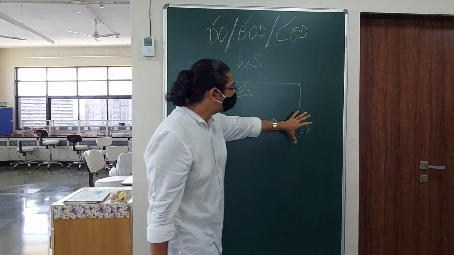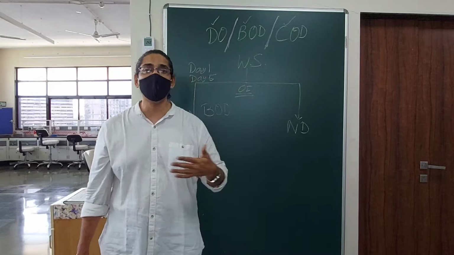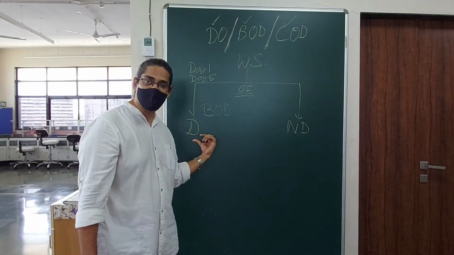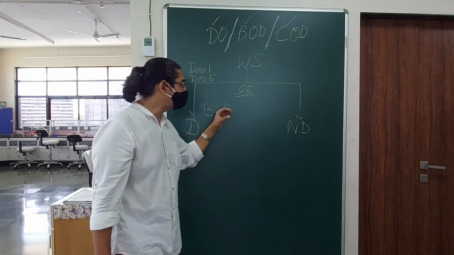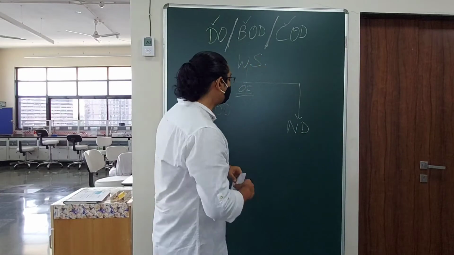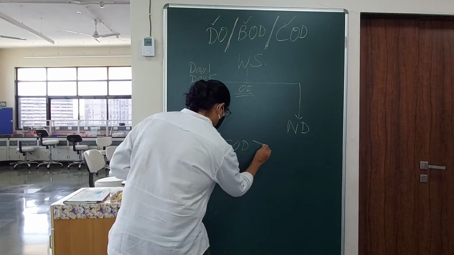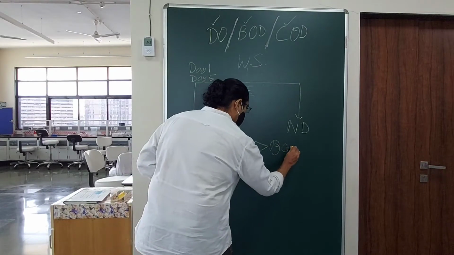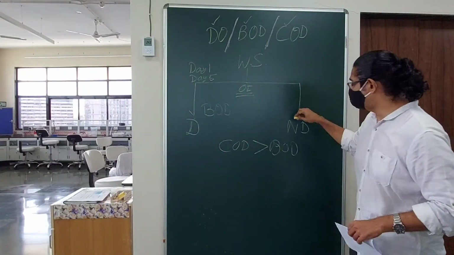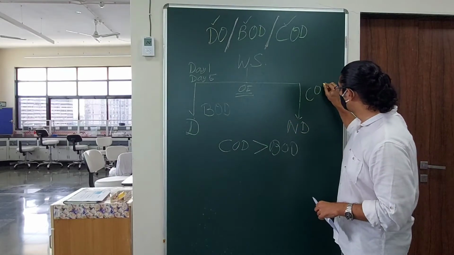Okay, now what is COD? You are chemically oxidizing whatever organic impurities are there. Of course, that would include the degradable organic impurities as well as non-degradable. So a logical thing would be COD is always going to be higher than BOD. All the non-degradable and the degradable put together, you will get using COD.